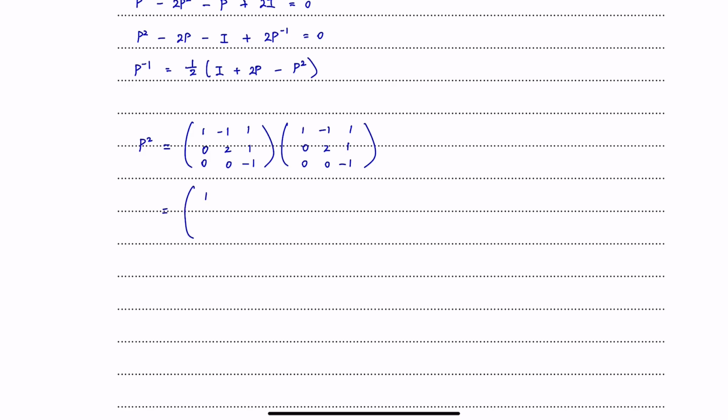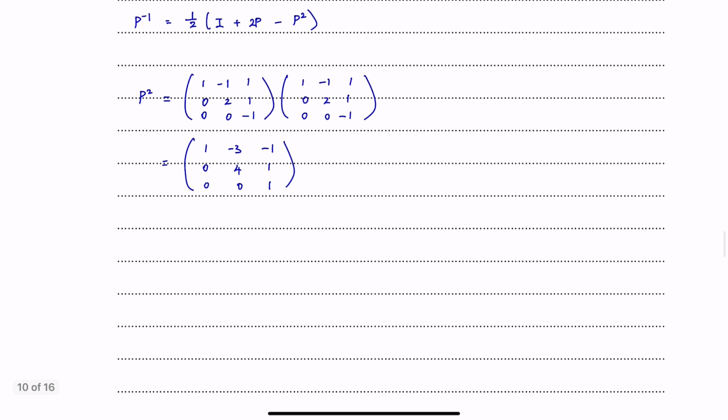So we would get 1, -3, -1, 0, 4, 1, 0, 0, 1. This is the P squared matrix.